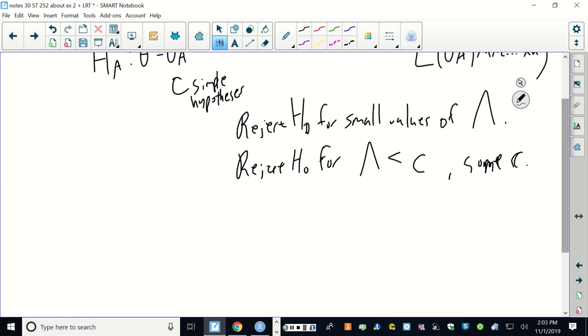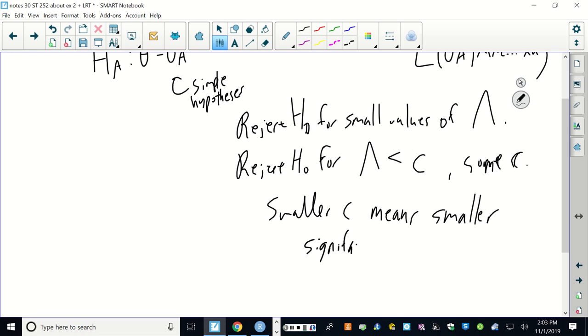So smaller C means smaller significance level. And sometimes we can figure out exactly what that would be through a little bit of work and transformation. And we can figure out a certain probability, but we'll see that in an example.